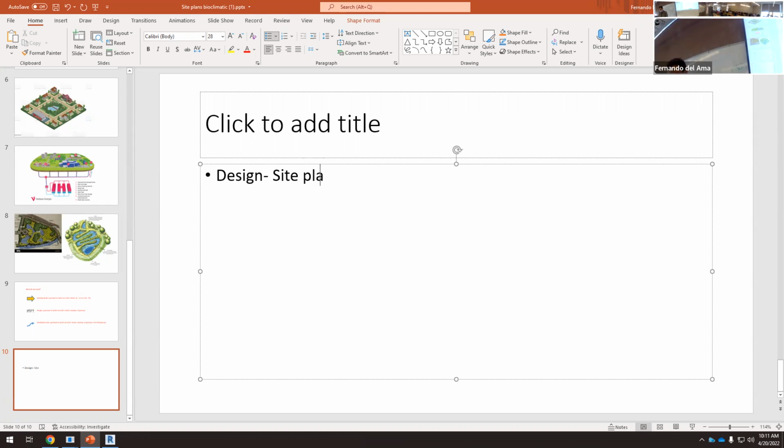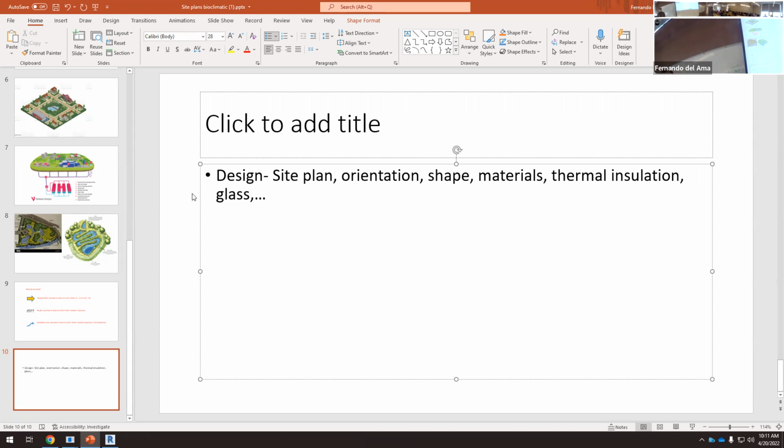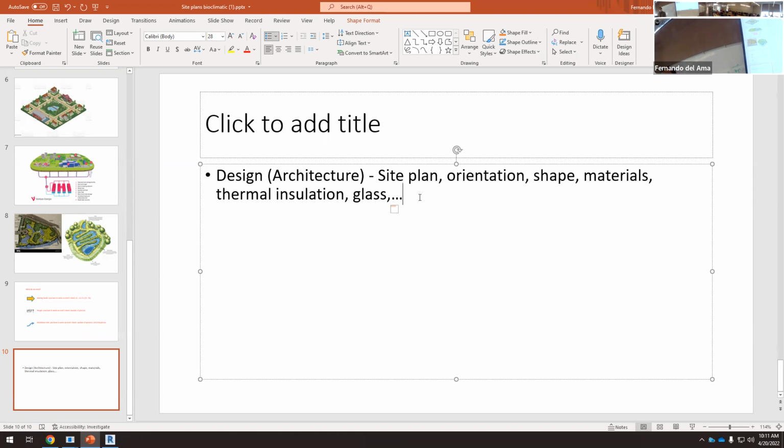We include the site plan, the orientation of the building, the shape of the building, materials, thermal insulation, glass. There might be more things, so that depends on architects. When I'm talking about design, I'm talking about architecture.